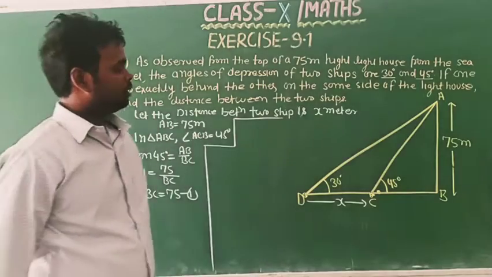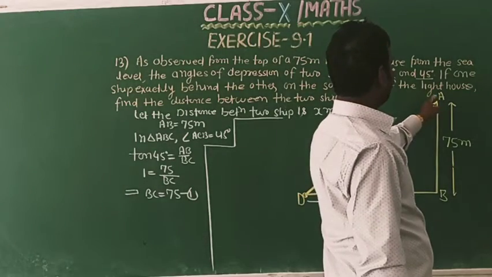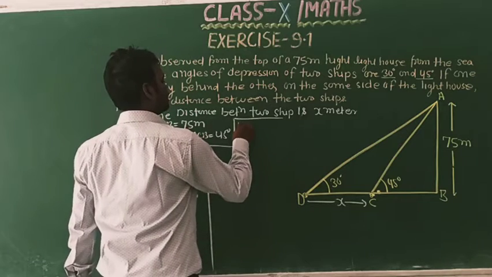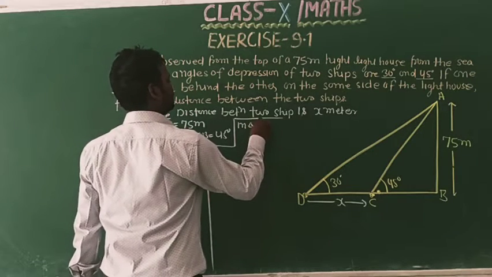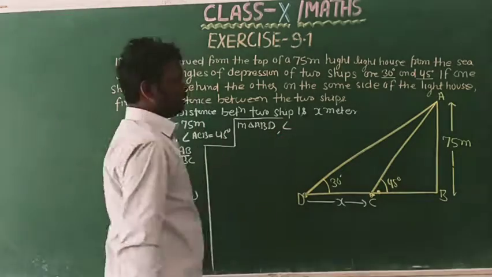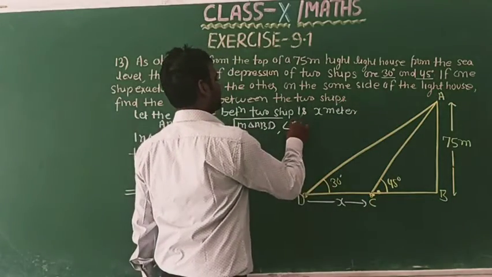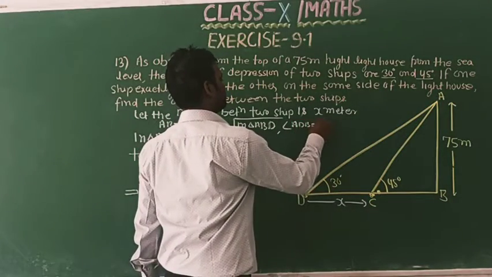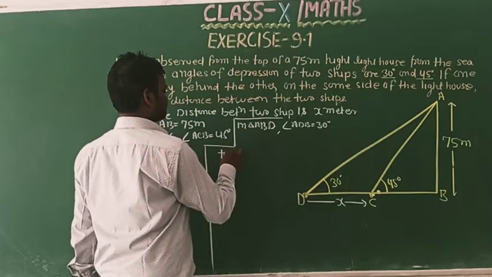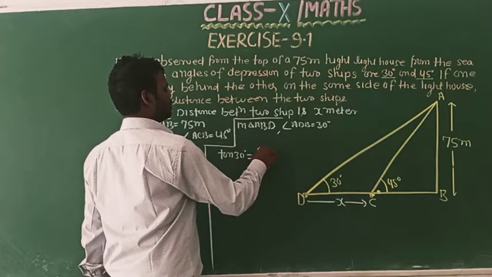And now taking right angle triangle ABD, in right angle triangle ABD, angle ADB is equal to 30 degree. So tan 30 degree equal to perpendicular upon base.